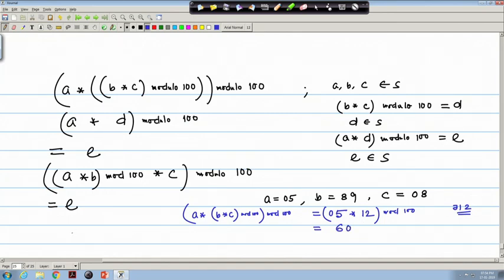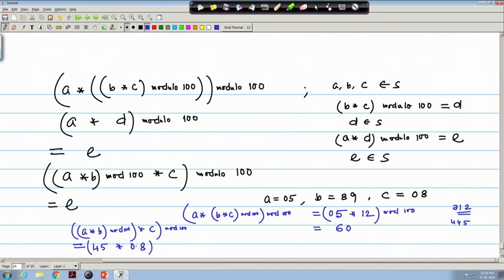Now, if I do the other way, A star B modulo 100 star C modulo 100, then A star B is 5 times 89, which is 445, and the remainder is 45 only. Here C is 8.